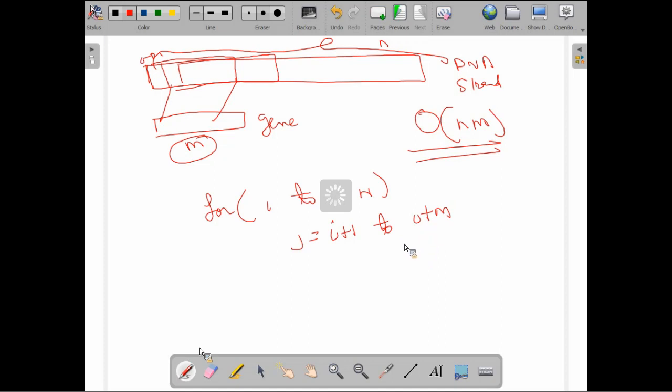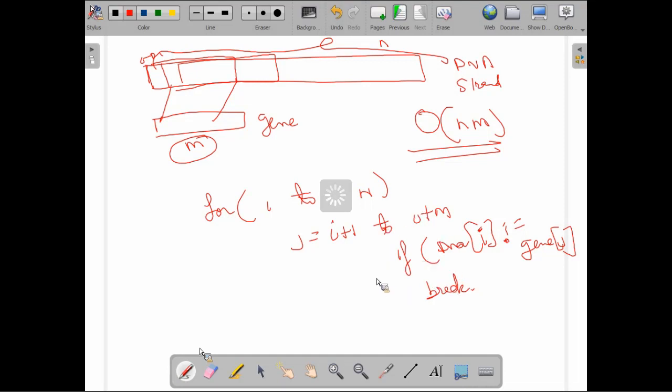If any character mismatches, that is, if DNA of i is not equal to gene of j, where this is the gene and this is the DNA, then I will have to break and go on forward.